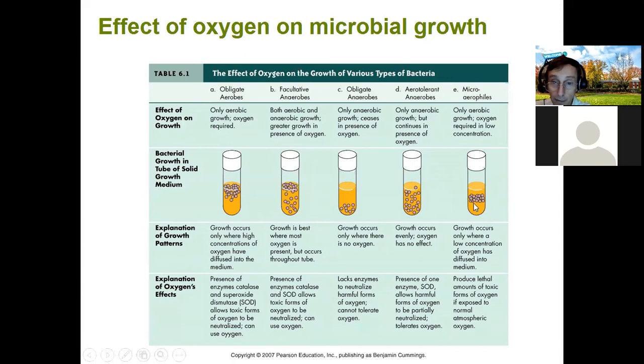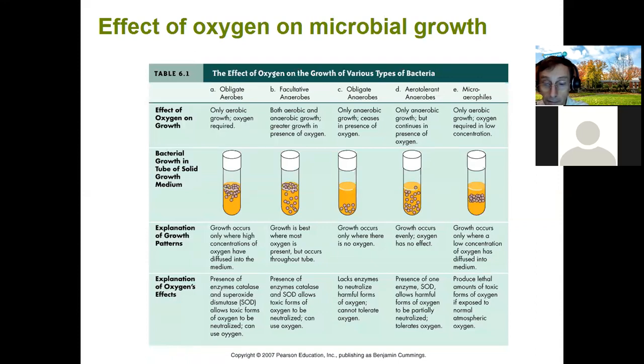You'll see the best growth somewhere in the middle of the tube, where there's less oxygen than 21% oxygen. And as you go down the tube, as well as up the tube, you'll see less and less growth. These organisms like growing at reduced oxygen concentrations, but they do require oxygen to grow.